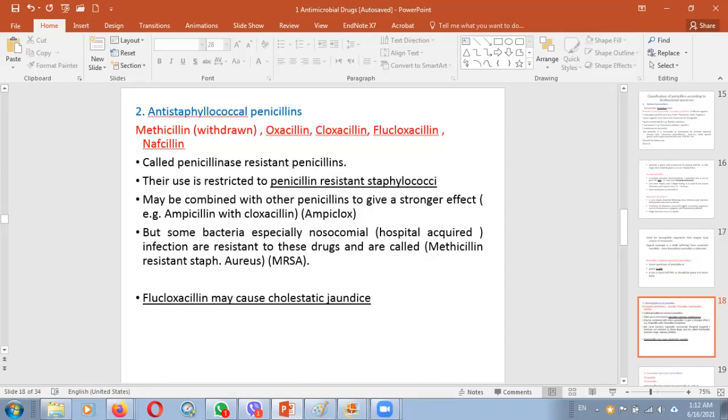As a result, the bacteria in their bodies have had exposure to many antibiotics and have developed resistance to many antibiotics, and thus nosocomial infections are usually serious. If someone goes to the hospital and acquires a bacterial infection, this is usually serious, especially if their immunity is weak. So note that mostly these kinds of bacteria are resistant to these drugs, and the term methicillin resistant Staph aureus was coined. Another important note on flucloxacillin is that it may sometimes cause cholestatic jaundice.